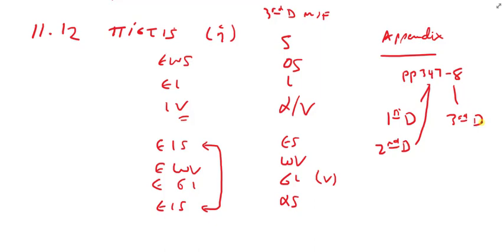Sark is the noun stem, and so any other kappa stem is going to follow this kind of pattern. A chorus is one that ends with a tau. The noun stem ends with a tau. So if there are any other noun stems ending with a tau, then it would follow the pattern of chorus. Elpis has a delta stem. So any other delta stem nouns would follow the pattern of elpis.